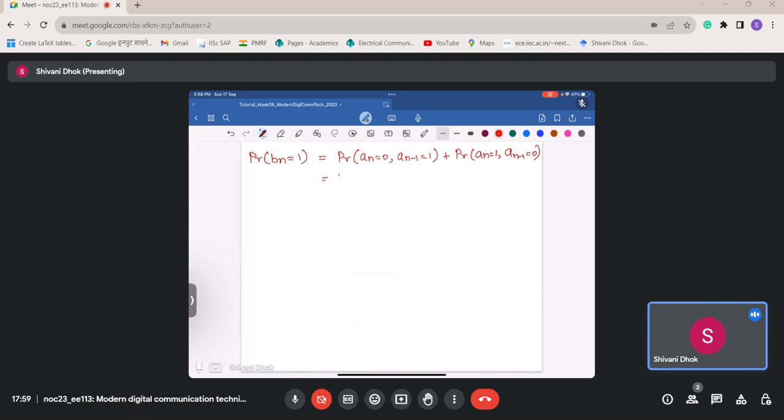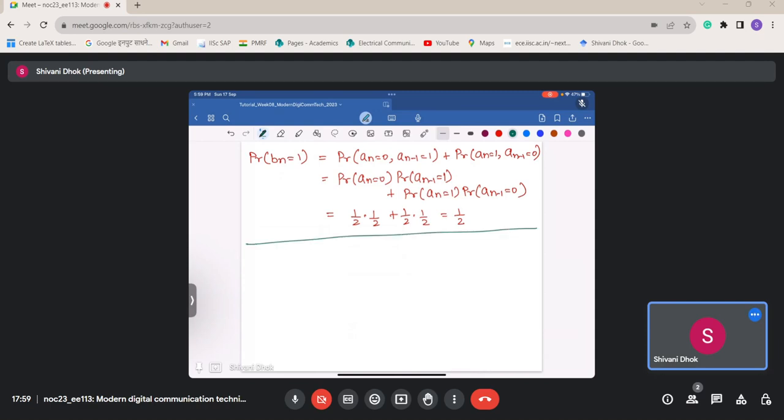Now this again I can write as probability that a_n equal to 0 multiplied by probability of a_{n-1} equal to 1, plus probability that a_n equal to 1 multiplied by probability of a_{n-1} equal to 0. Again these are equiprobable, so I can write this as 1 by 2 multiplied by 1 by 2 plus 1 by 2 multiplied by 1 by 2, which comes out to be 1 by 2. So this is what we are having right now.